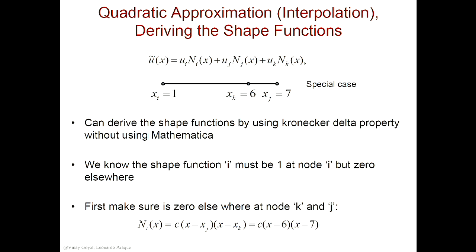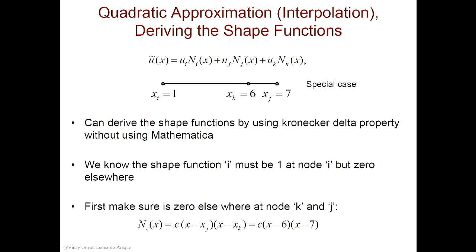Let's take this example. In this example, xi is 1, okay? And don't look at the solution. I probably have it here at the bottom, but I want you to think through it with me. Xi is 1, xk is 6, xj is 7. Let's look at shape function I. Somebody tell me, what is the value of shape function I here and here? 0.